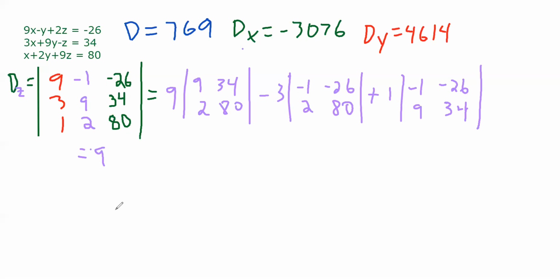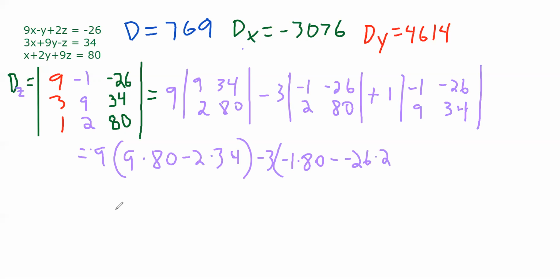And now I'm going to have 9 times 80 minus 2 times 34, minus 3 times -1 times 80 minus -26 times 2, plus 1 times -1 times -34 minus -26 times 9.